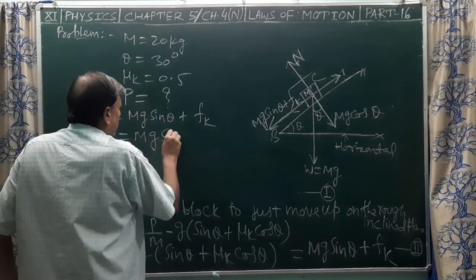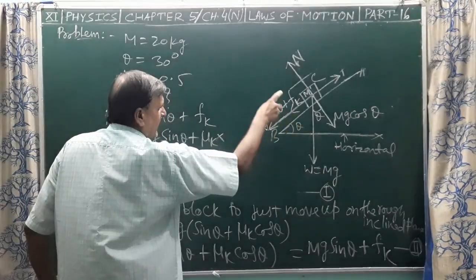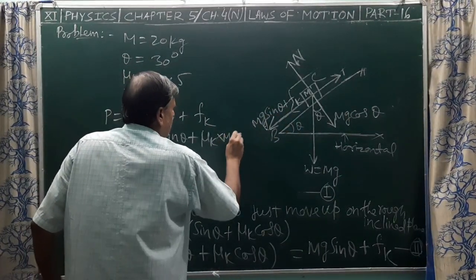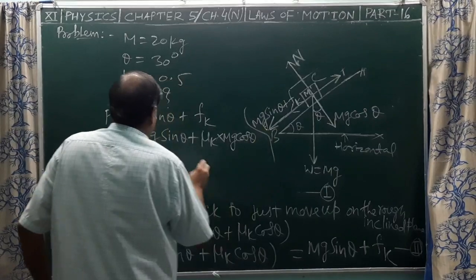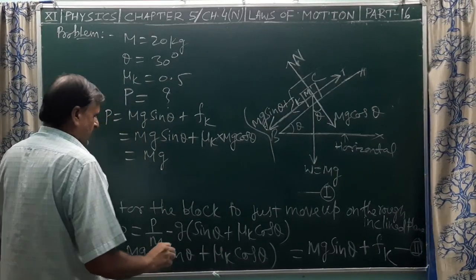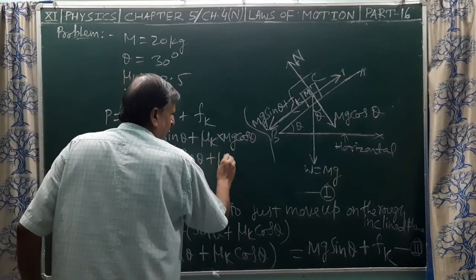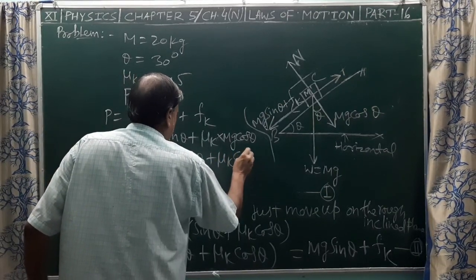Now Fk is equal to μk into mg cos θ, and we can take mg common. So it is mg under bracket sin θ plus μk cos θ.